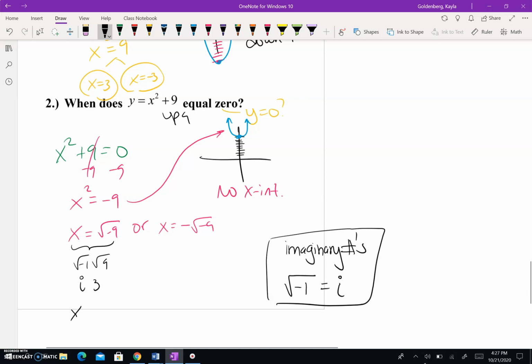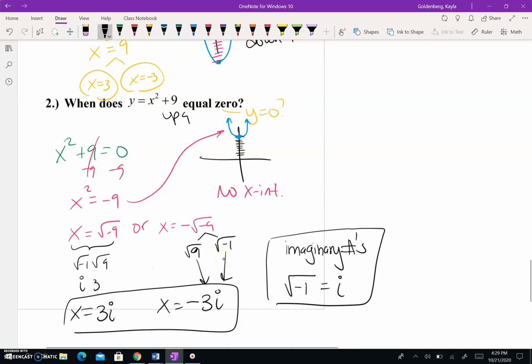So I can say that x is 3i. I could also rewrite this other one the same way. So x in this case would be -3i, because I would be separating this into the square root of 9, which is 3, and the square root of -1, which we're calling an i.